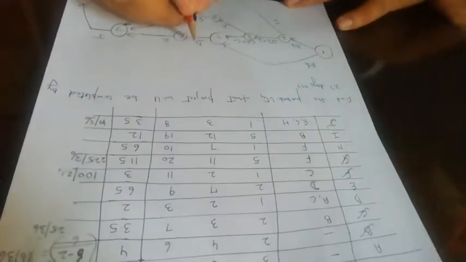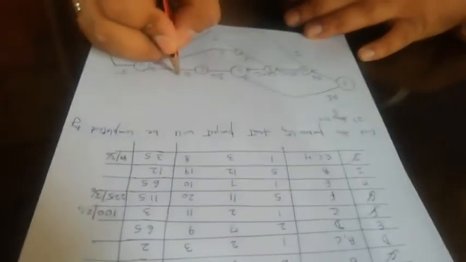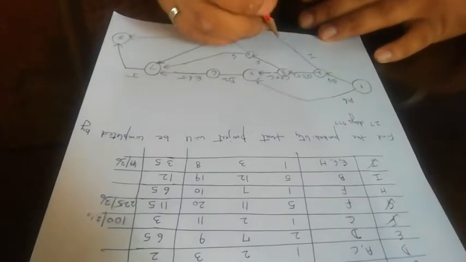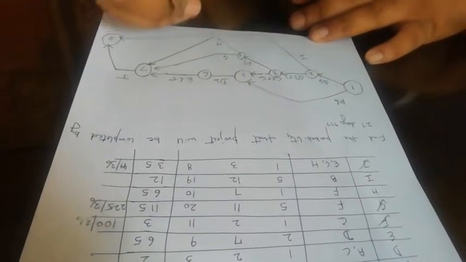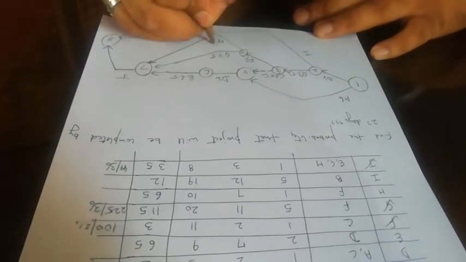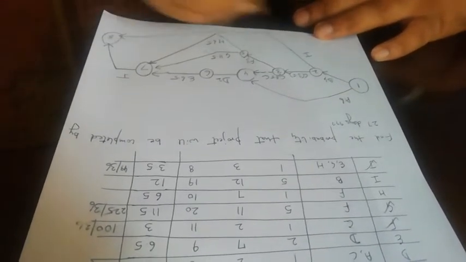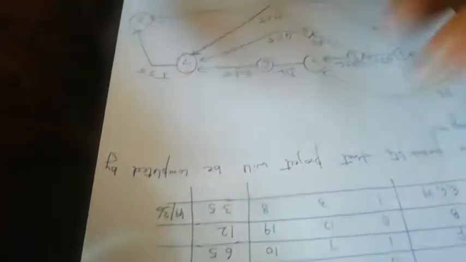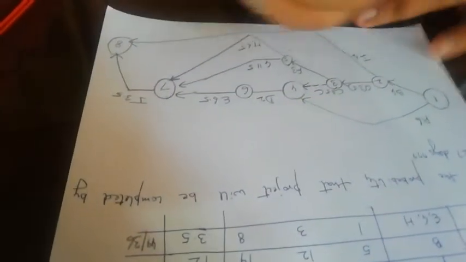Then D is 2, E is 6.5, F is 3, G is 11.5, H is 6.5, I is 12 and J is 3.5.